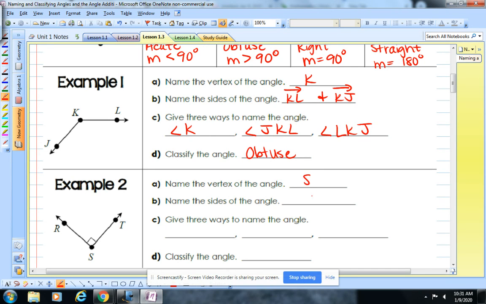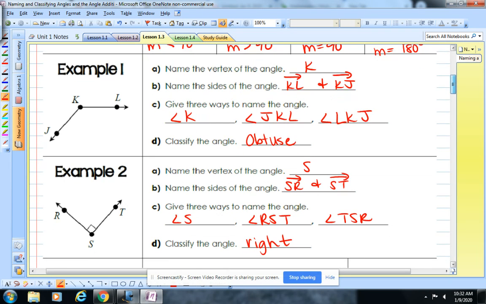S. What are the sides of this angle? Ray SR and Ray ST. Very good. Somebody give me one name of this angle. Give me another name. Angle RST and then angle TSR. And what kind of angle is this? Right, and we know that's for sure a right angle because it has a little box. Raise your hand if you got all those correct. Any questions? All right, good job.